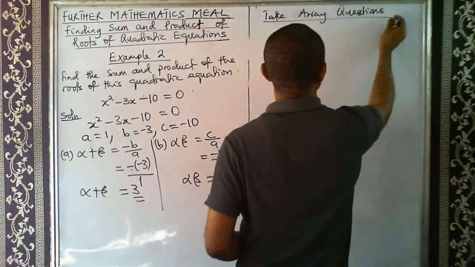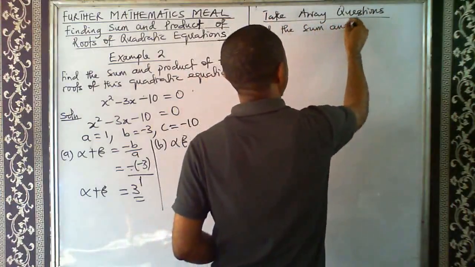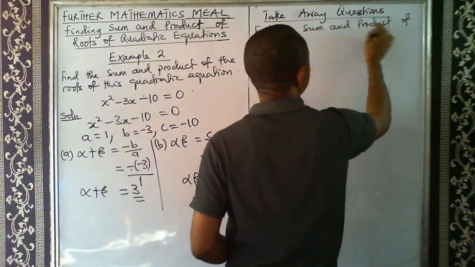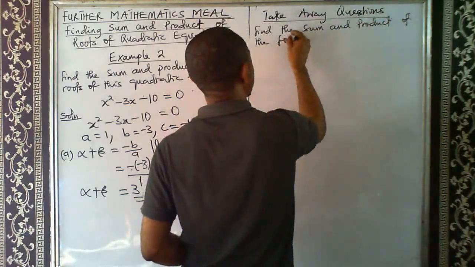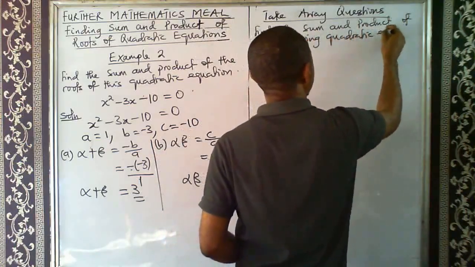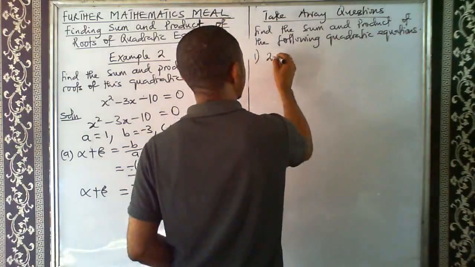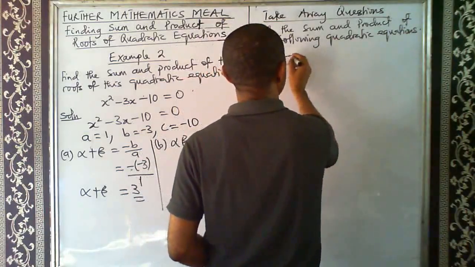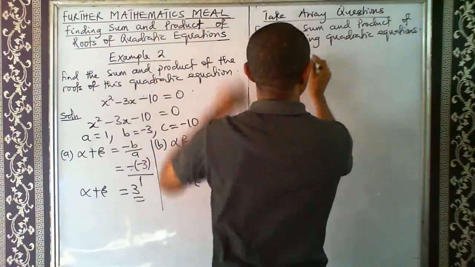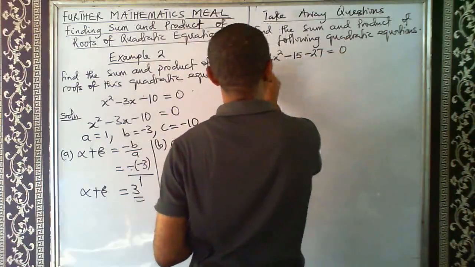Find the sum and product of the following quadratic equations. So 1, we have 2x squared minus 15x minus 27 is equal to 0.